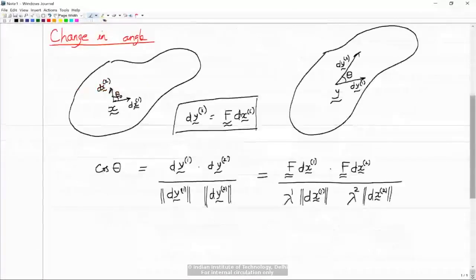And then you know what to do. This being a scalar, I can move it wherever I want. So why don't I take it and move it here? And likewise for this one, I move it here with the vector dx.